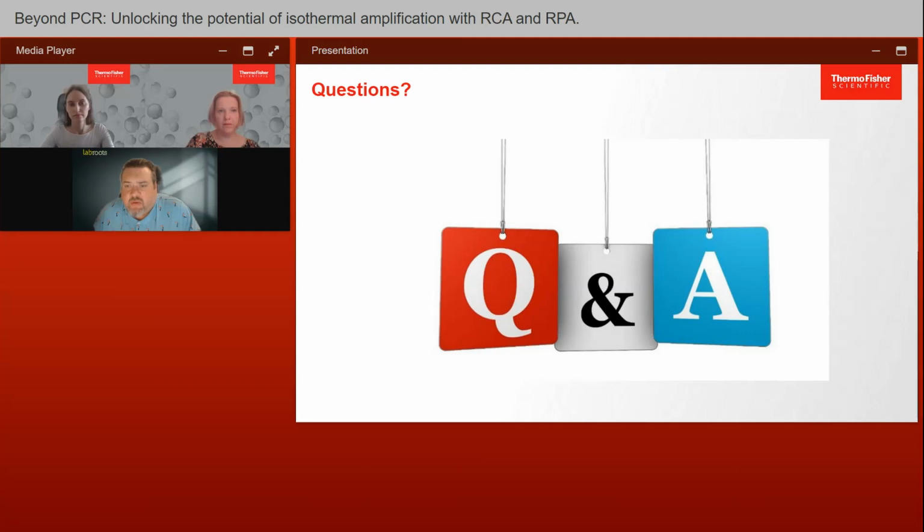So, Rasa, what are the critical factors to consider when designing primers for RPA, RCA, or MDA, and how do they differ from traditional PCR? So for RPA, you have to consider the same things as for PCR primers. So primers should be specific for the target region. They should not form primer dimers or secondary structures. And a very important thing for RPA is the length.